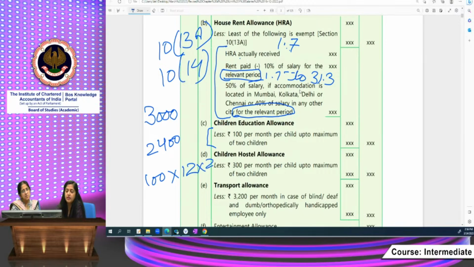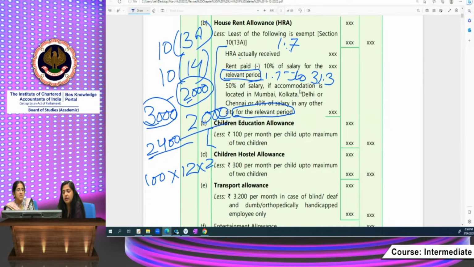You can't give the exemption of 2,400 from this 3,000, because this 3,000 he is getting for the 3 children. If we compute for only 2 children, it's 2,000 only. If he is receiving 2,000 for 2 children, how can you give the exemption of 2,400 in respect of that? So in that case, exemption will be 2,000 only and 1,000 will be taxable.